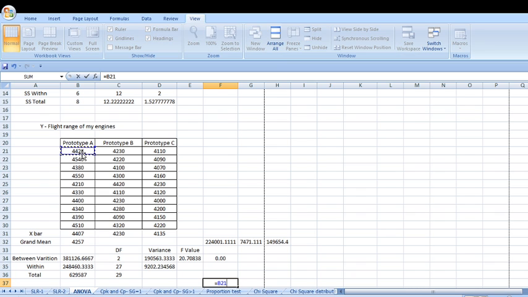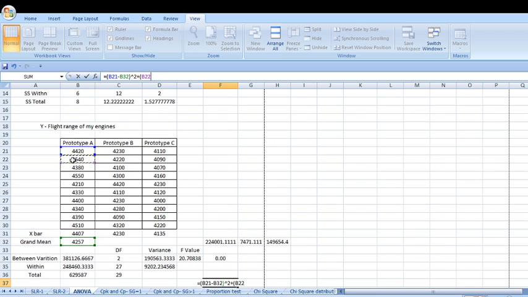You have to individually take every observation and take the difference with the grand mean, square it, and that becomes the sum of squares, and add it. So this will follow.